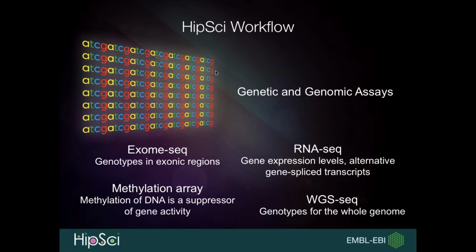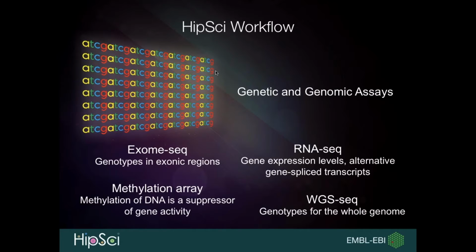Okay, simultaneously, whilst the cell line is getting banked, we also perform more characterization assays on it. So first of all, the genetic and genomic assays, this all happens at the Sanger Institute. We do exome sequencing, so this tells us what the genotypes are in the exonic regions for the cell lines. We do RNA-seq, so this gives us information about gene expression levels, but it's much richer information than the data we get from the gene expression array.